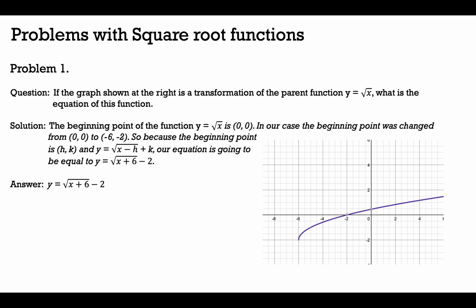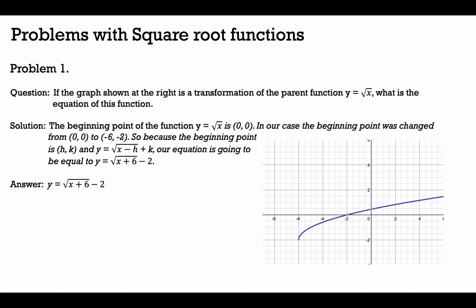When we are solving this kind of question, we always pay our attention to the starting point and the y-intercept. So the beginning point of the function y equals square root x is 0, 0. That's the basic form for the square root function.